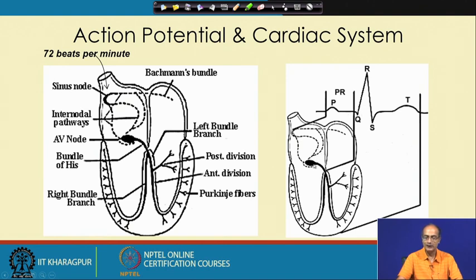Then again, once the AV node releases that signal, we get a huge electrical activity which is recorded as the QRS waveform. This is due to the electrical activity in the ventricle, associated with the compression of the ventricle.